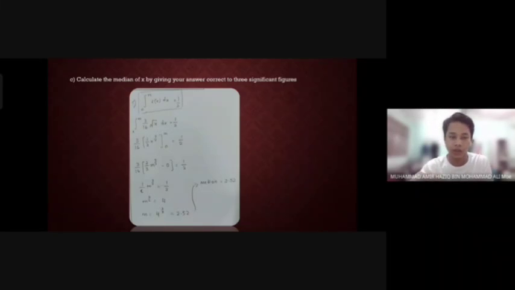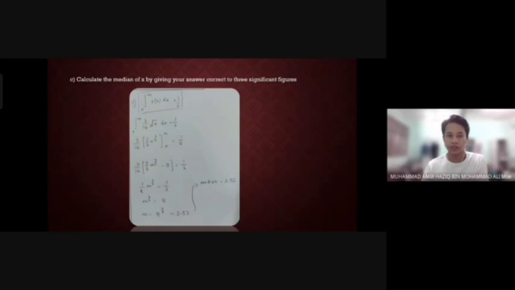We substitute 3 over 16 square root of x dx equal to 1 over 2, and solve the equation to find m. We get m to the power of 3 over 2 is equal to 4, and then we find m, and the answer is 2.52, which is the median for this question.